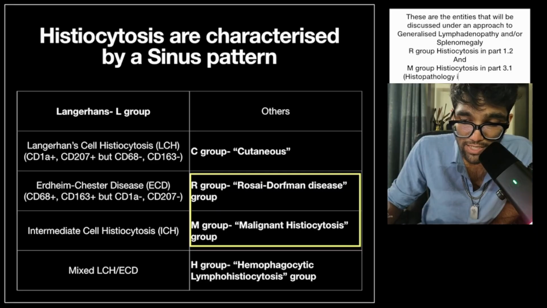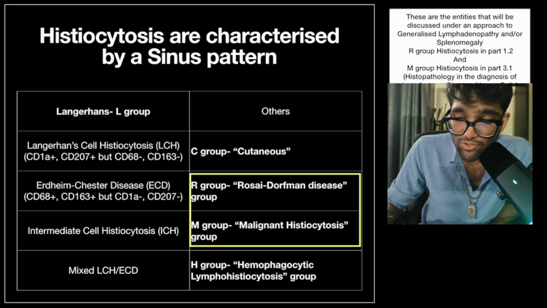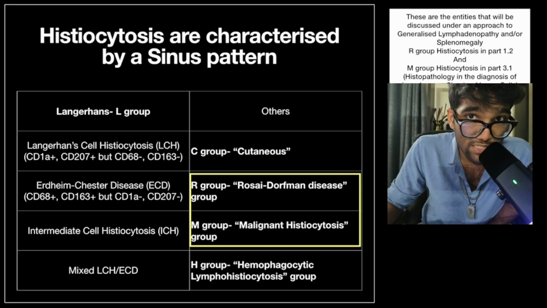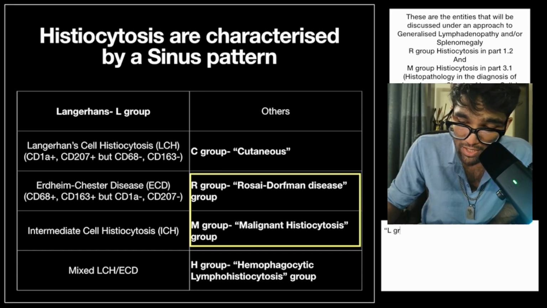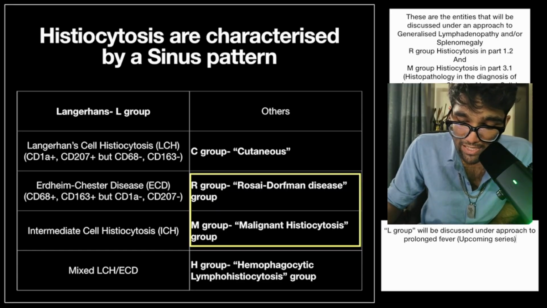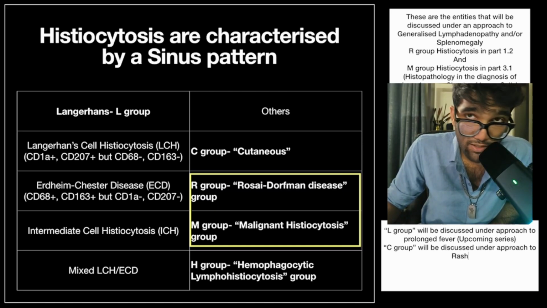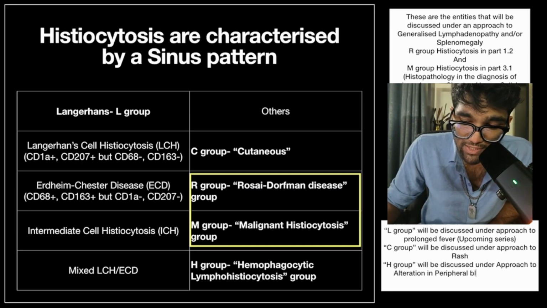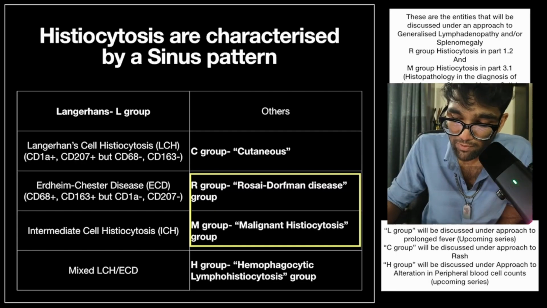And M group histiocytosis will be discussed a little bit later in part 3.1, which is actually histology or histopathology in the diagnosis of lymphomas, specifically presenting with a histomorphological finding of sheets of large cells. Now, L group histiocytosis will be discussed under an upcoming series, that is approach to prolonged fever. And C group will be discussed in the ongoing series on approach to rash. H group will be discussed under approach to an alteration in peripheral blood counts.